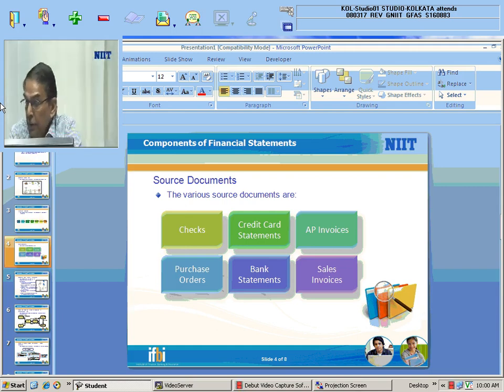But source documents are an important evidential record. These are usually used in audits. When auditors audit the accounts, they will look at the source document to know whether the transaction is genuine or not, whether the transaction recorded actually happened or not. They will ask you to produce the source document.